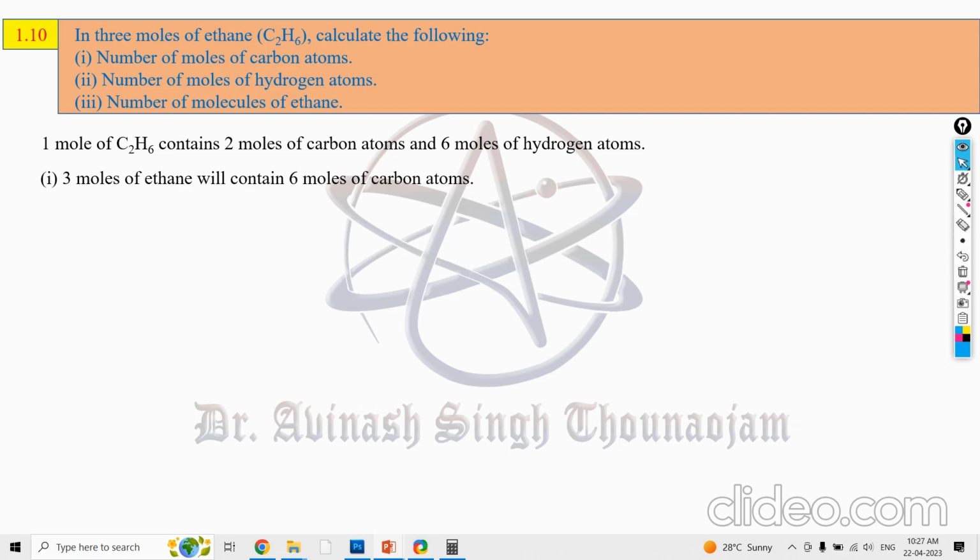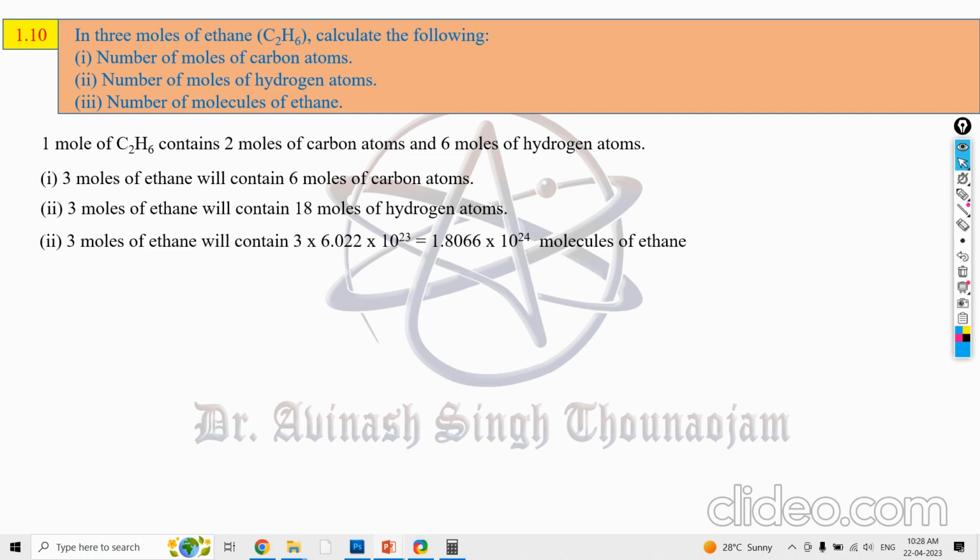So 3 moles of ethane will contain 6 moles of carbon atoms, 18 moles of hydrogen atoms, and how many molecules of ethane are there? 3 times Avogadro number, which is this.